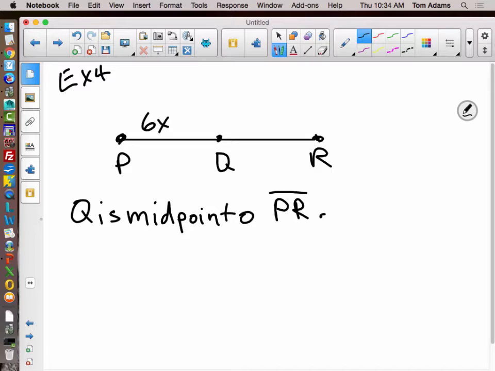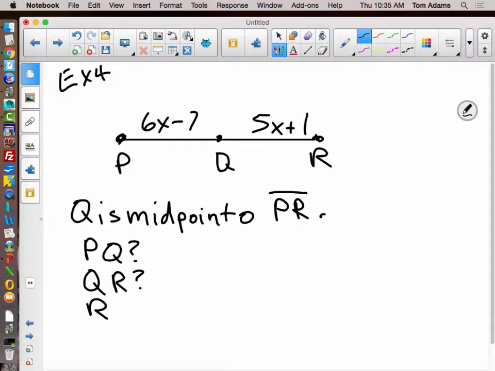And then we're also told that this is 6x minus 7, and the length from here to here is 5x plus 1. And it says, hey, what's PQ? What's QR? And what is PR? So they're asking us to find the lengths of these.